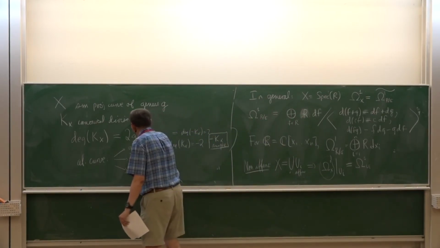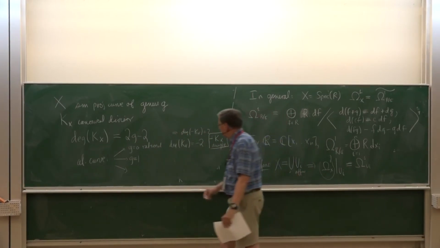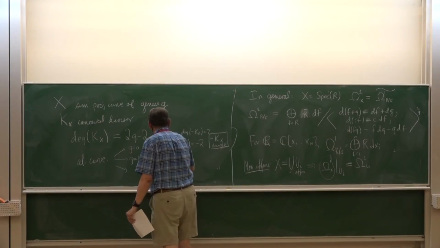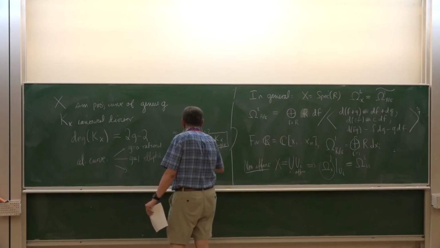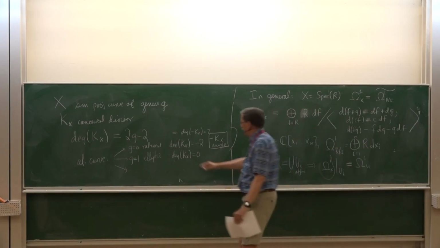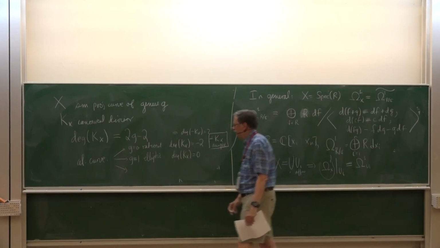And of course, what do we call g equals 1? That's our friend elliptic curves. So the degree of the canonical class is 0, and that says it's a very different kind of beast.